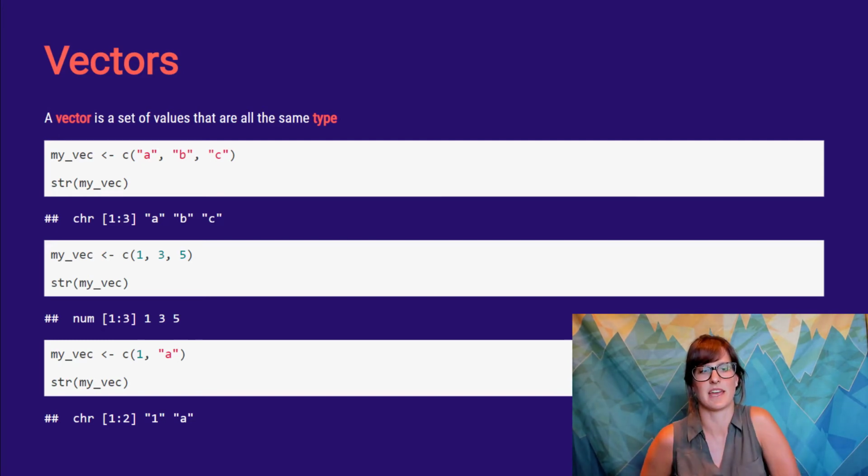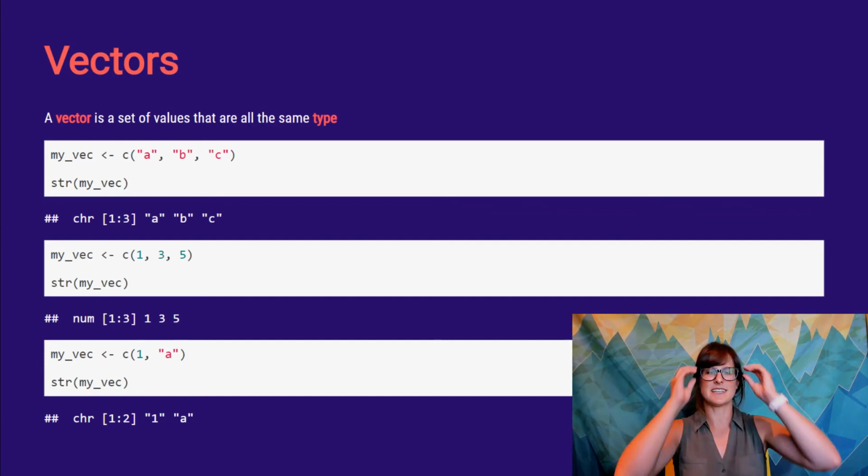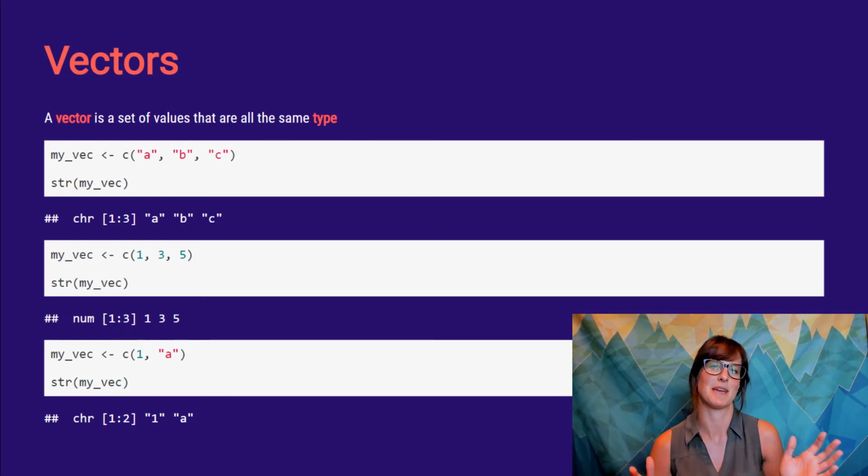And so in this next one we have a numeric vector, and it looks almost the same, but when you look at the structure you see the class numeric, and then the 1, 2, 3. Because these have to be the same type, if you try to mix and match types, R is going to sort of cheat. It's going to throw up its hands and say, look, you surely made a mistake because you cannot mix and match.